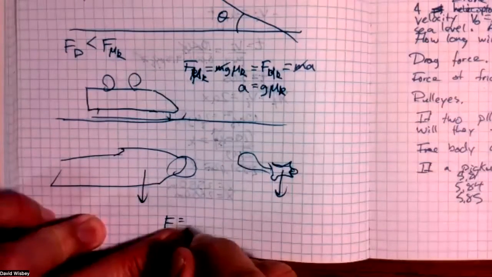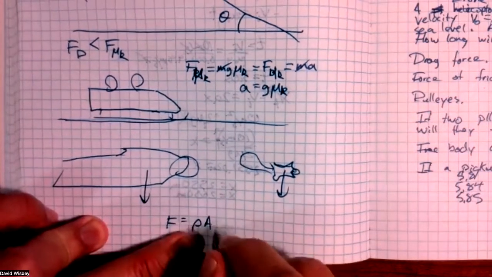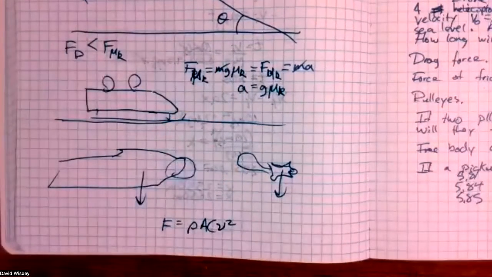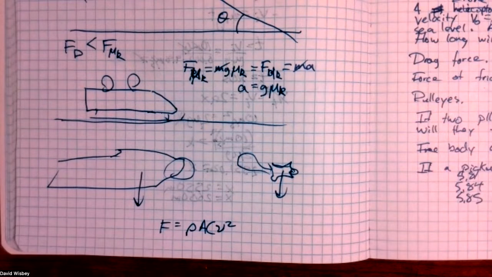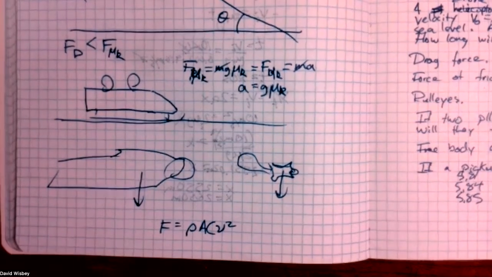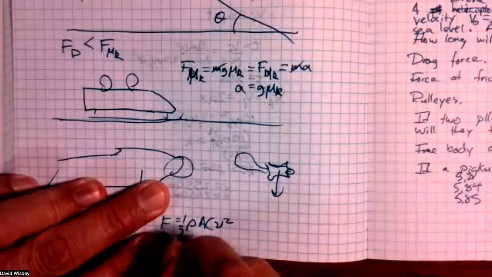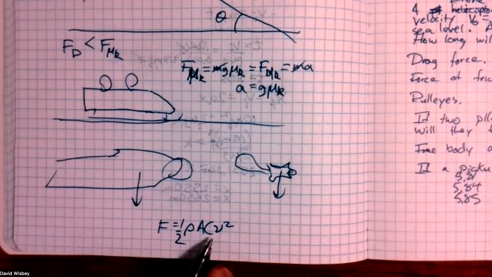All right, it is rho times the area times the coefficient of drag times v squared, and it seems like there should be a 1/2 in there. There is. Okay, so it's 1/2 times rho times A times C times v squared.